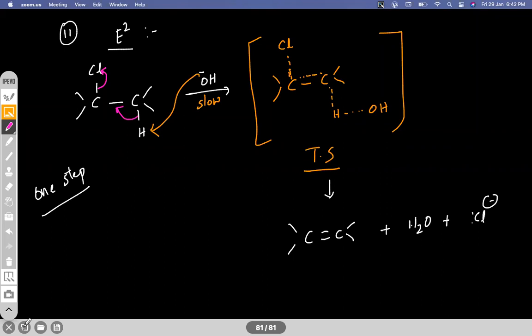Now you look at this example. Suppose we have a molecule CH3, CH2, CHX, and CH3.